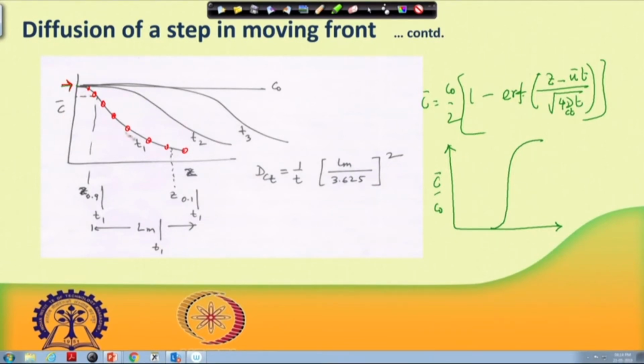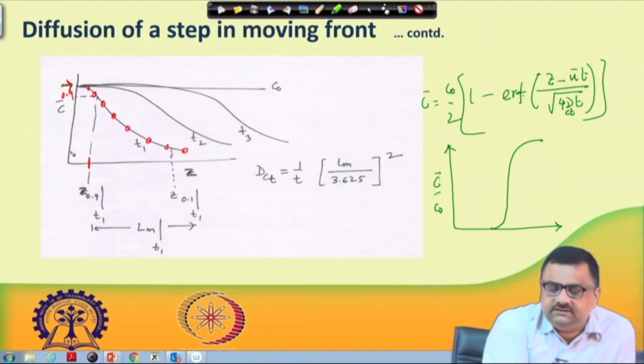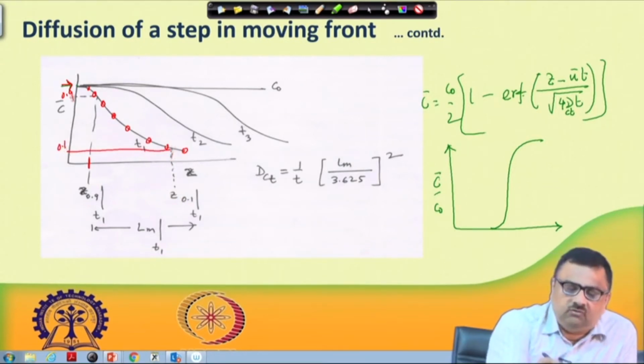After plotting this, one can find out the location, the value of Z at which the C bar has come down from 1.0 to 0.9, and correspondingly what is the Z value at which the C bar has come down to 0.1 from 1.0.